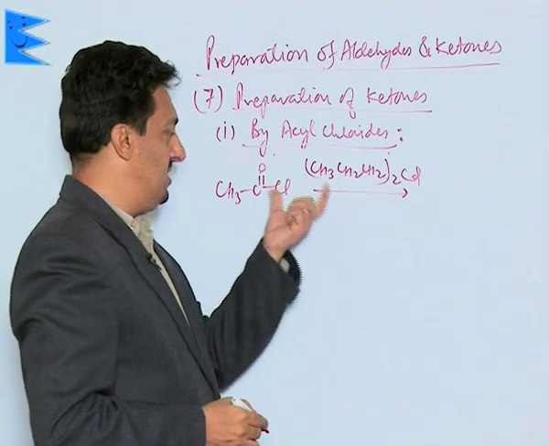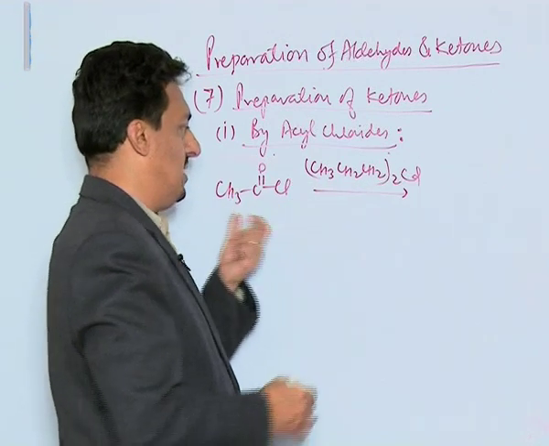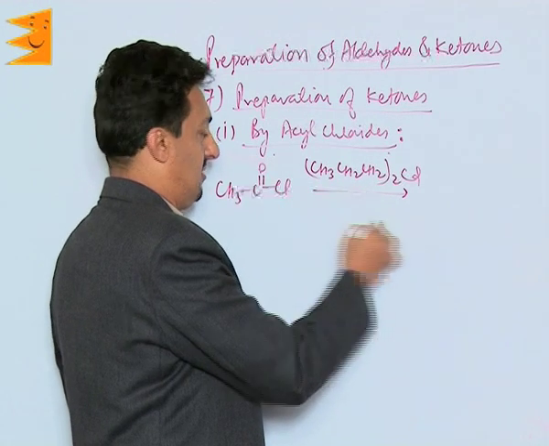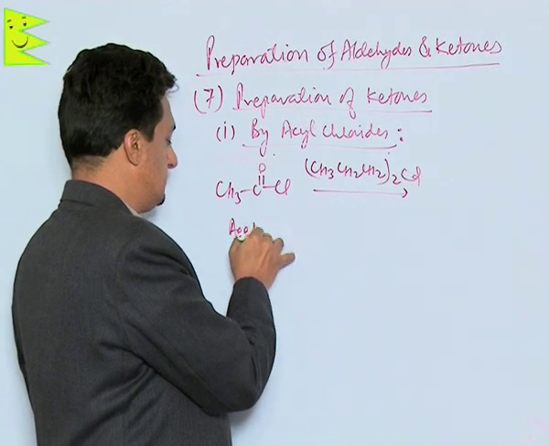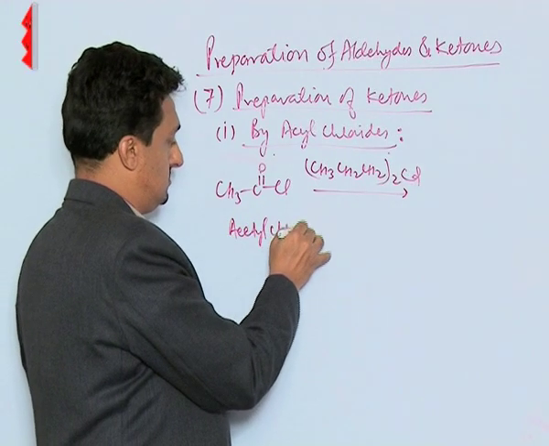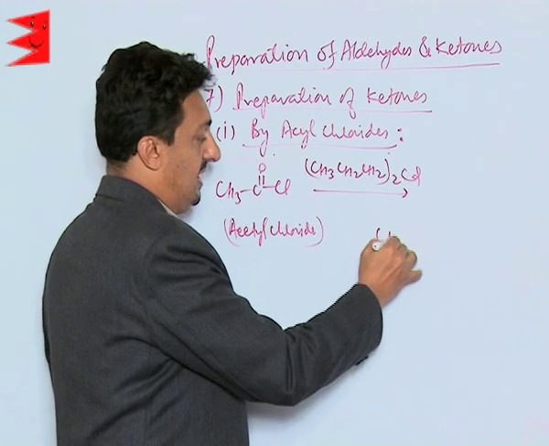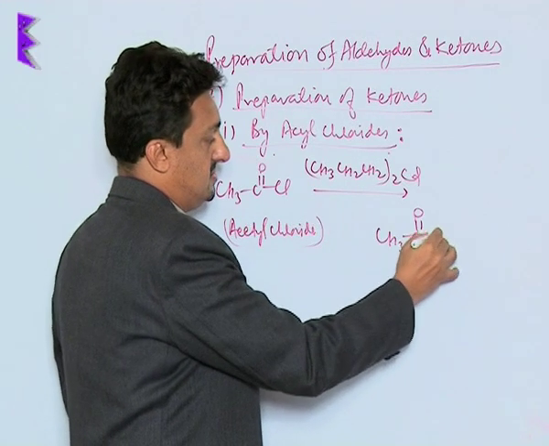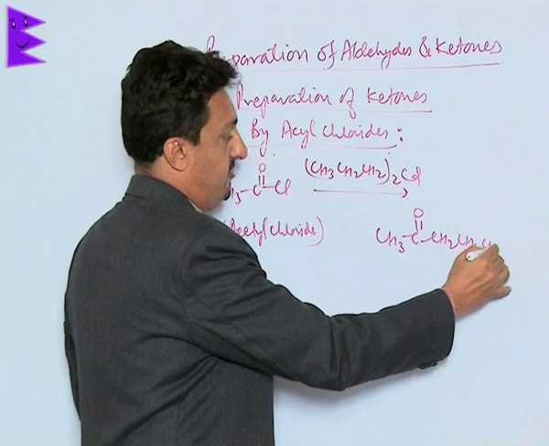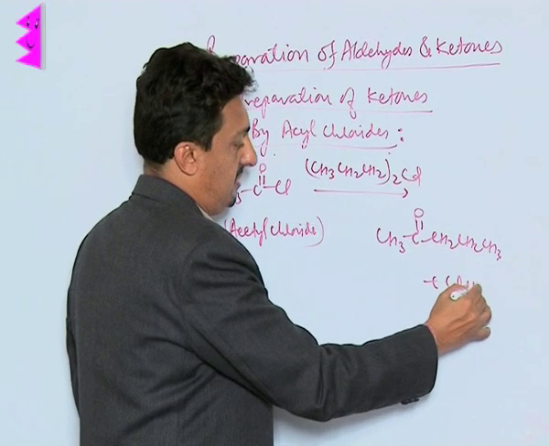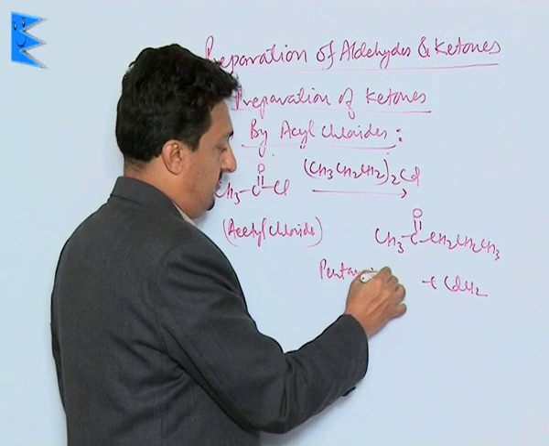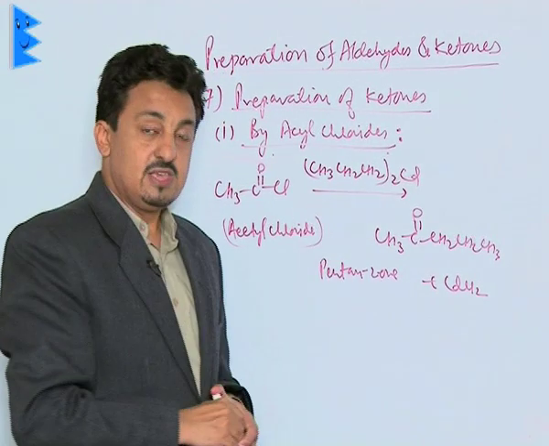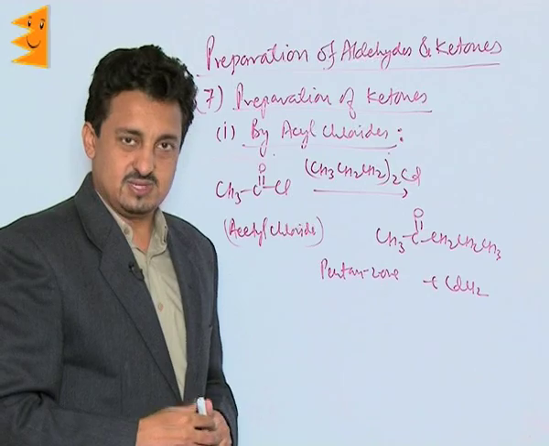When we treat this with acetyl chloride, what we will get is this compound, CH3COCH2CH2CH3, plus cadmium chloride. So we get pentan-2-one. This is how we can prepare ketones of our own choice.